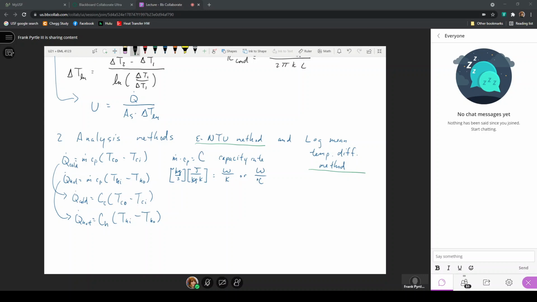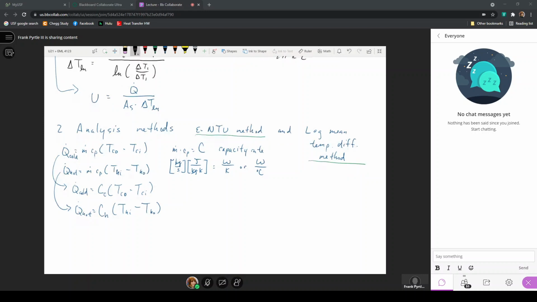Now, the log mean temperature difference method is the easier of the two to apply. Well, I guess it kind of depends on your perspective, but as far as a double pipe heat exchanger, the log mean temperature difference method is easier. The log mean temperature difference method just says that we define the heat transfer rate as that overall heat transfer coefficient times the surface area times the log mean temperature difference.